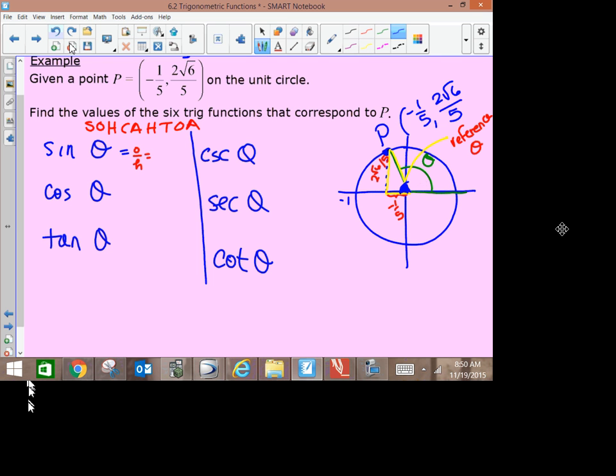You're going to have symmetrical 1/5 and 2 radical 6 over 5. 1/5 would be right here, 2 radical 6. So you're dealing with this, but in order to deal with the -1/5, you have to leave it over here. But this right here, I don't want to call theta because we already mentioned theta.